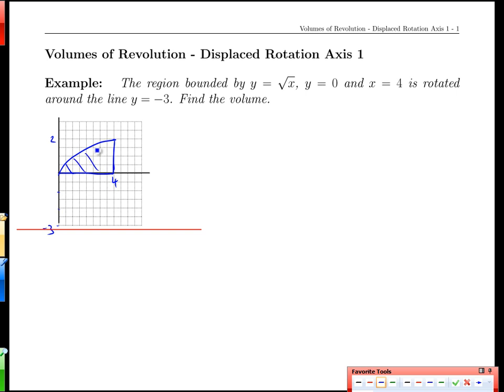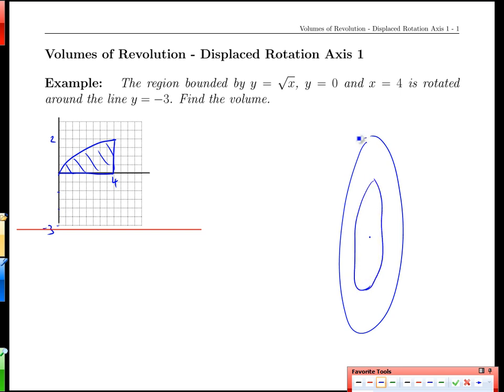Notice the region is actually far away from that axis. So the shapes we're going to get, if we sketch them out here, there's our center, are going to be hollow tubes, like so. In fact, that inner radius is always the same.